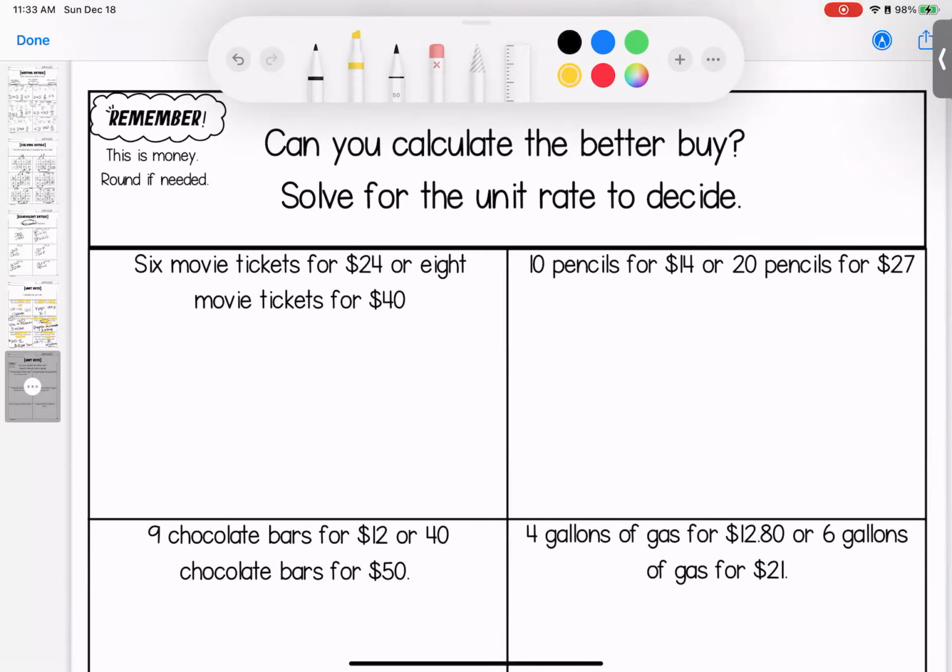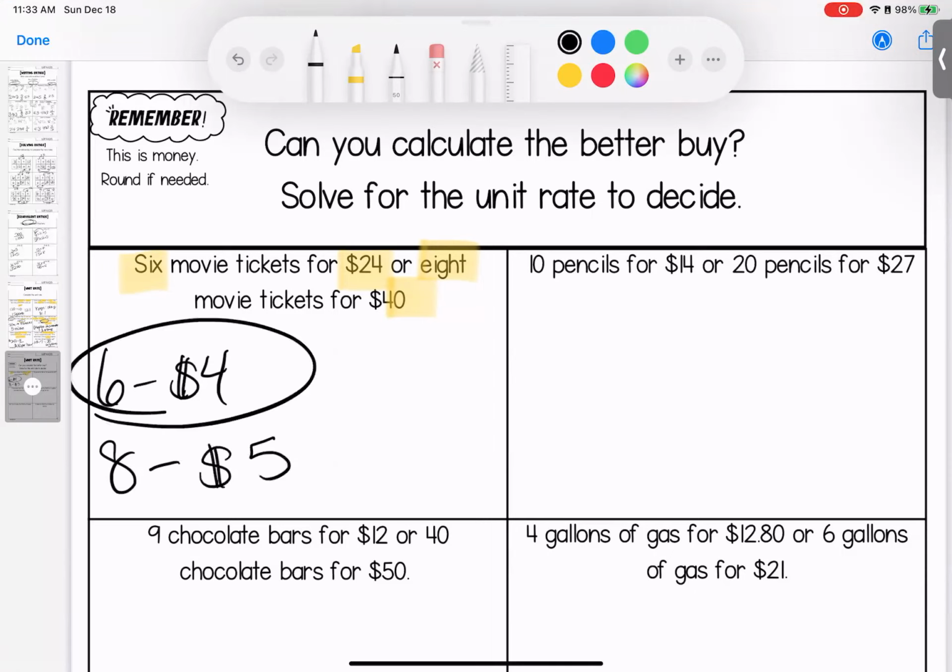So for the first one, we have 6 tickets at $24, 8 tickets at $40. So if we want to determine how much she is paying per ticket for situation 1, the 6 tickets are $4 each. For the 8 tickets, it's $40 divided by the 8. They're $5 each. So the 6 tickets would be the better buy because you're paying $4 each.